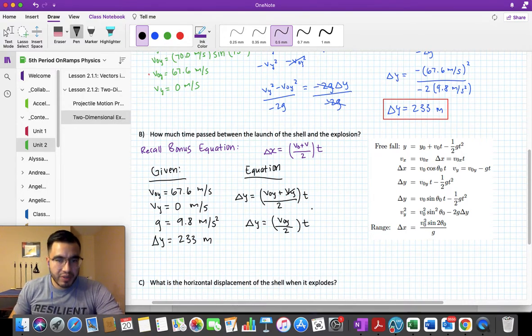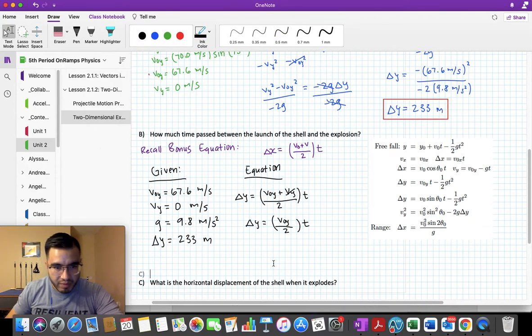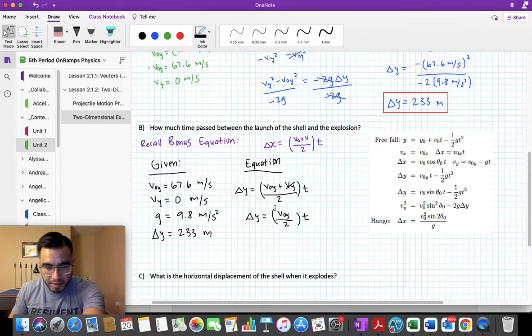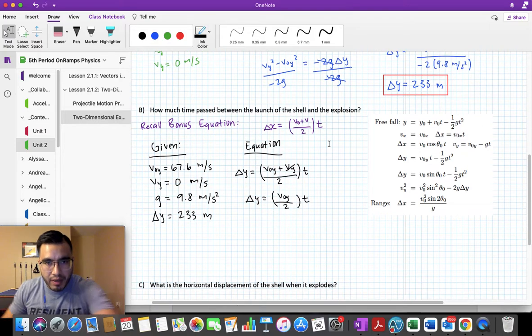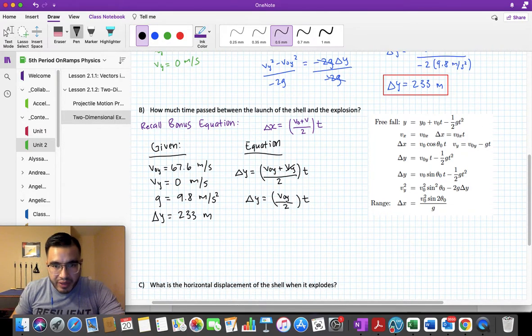Now we just have to solve for time, isolate time. And this is a fraction, so we have to get rid of it, and you know what to do. You flip it, multiply by the reciprocal.